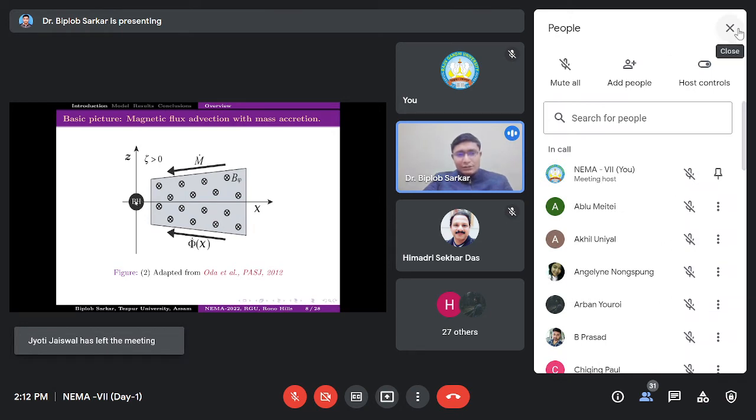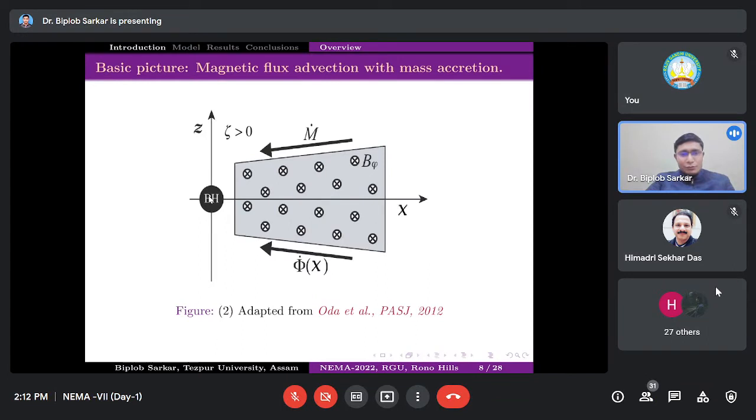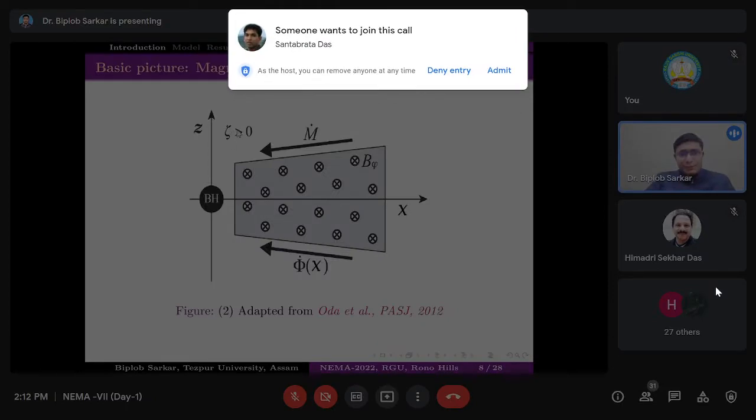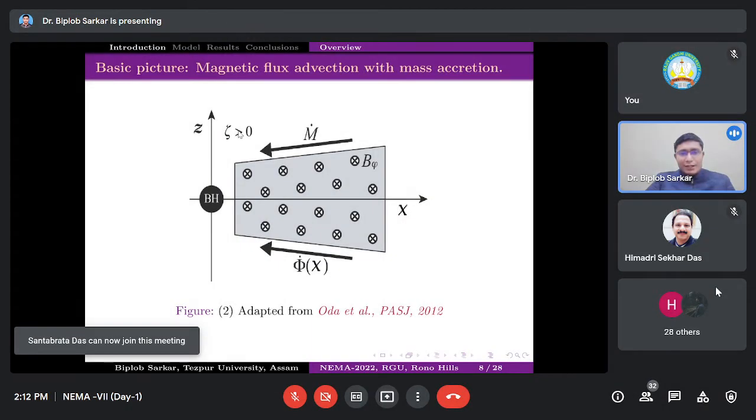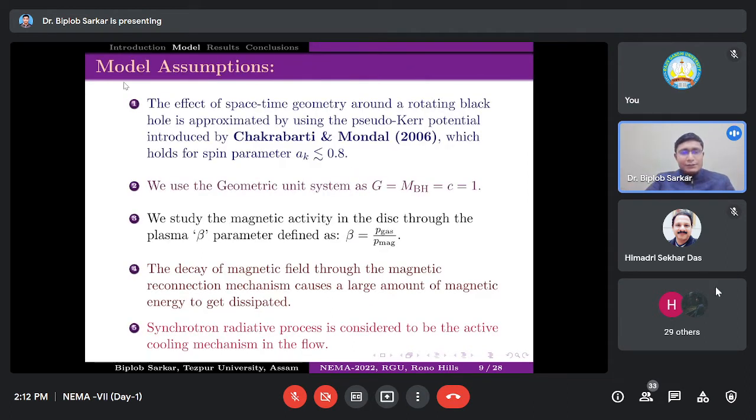The black hole is situated at the origin of the coordinate system, and we assume the cylindrical polar coordinate system. Zeta is a parameter which parameterizes the advection rate of the toroidal magnetic field. If zeta is greater than 0, then the magnetic flux advection rate will increase as the matter approaches the black hole horizon. Now let us discuss the model assumptions.